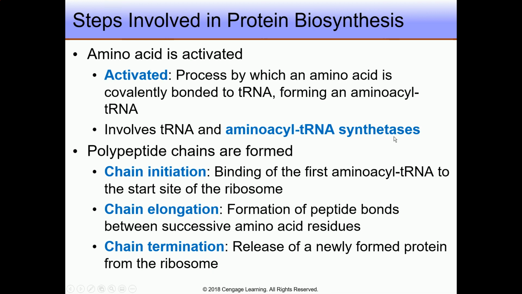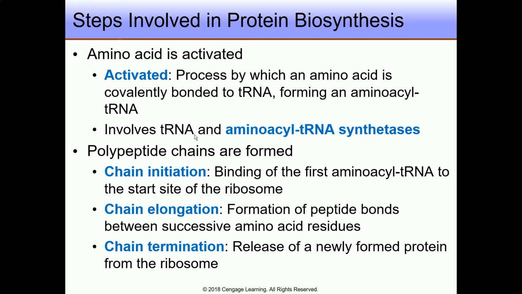These transfer RNAs have a code on them which we call an anticodon, which is basically recognized by a codon, and the codon is on the mRNA. I'm going to discuss these things. When the transfer RNA is without an amino acid, it is called uncharged.